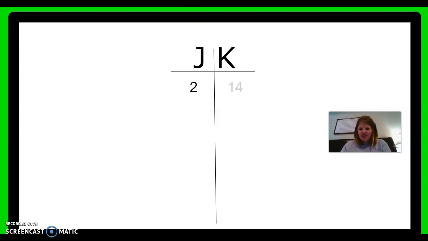If J is 2, K is 14. If J is 3, K is 21. Think about it. The numbers are going up, so we're going to add or multiply from 2 to 14 and 3 to 21. Anything ring a bell? If J is 6, K is 42.